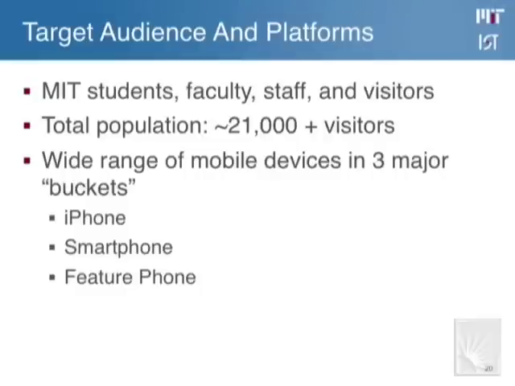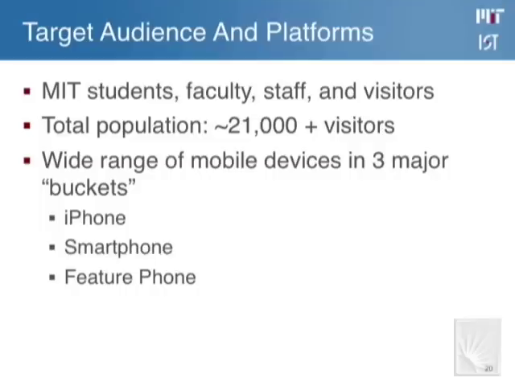We have roughly about 21,000 total population plus visitors. And what we really focused on is, while it's nice to have something that's going to work for every single device, we had to simplify things into 3 different buckets. So we focused on the iPhone, smartphone, and then the feature phone.